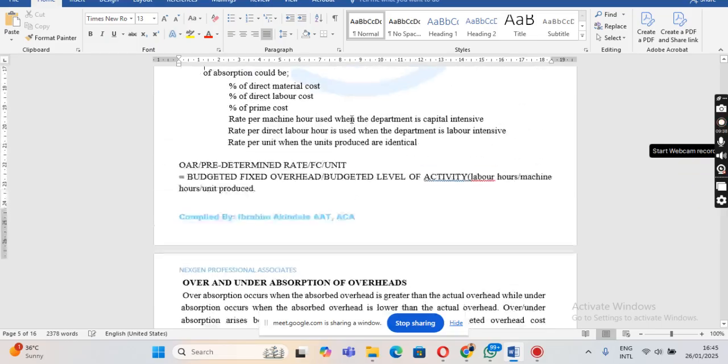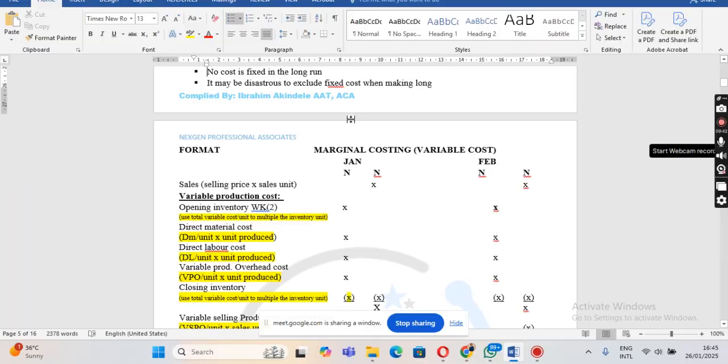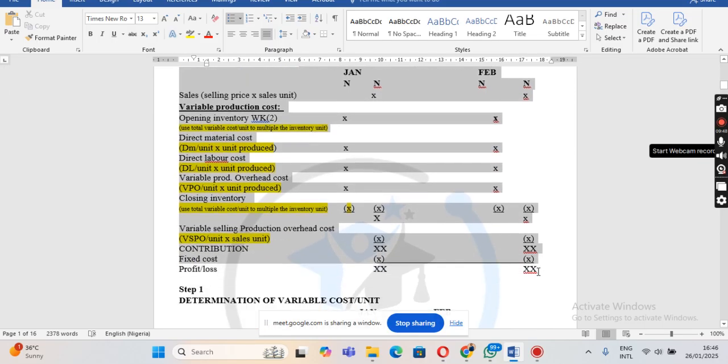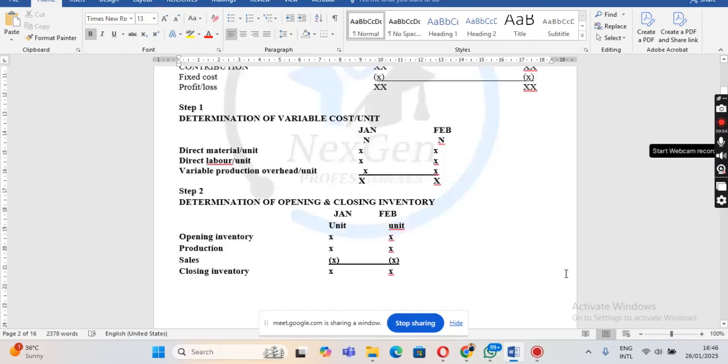Okay, let me quickly copy the other formats from these parts, what we need. Let me just copy these parts. I will clean some of them. Okay.